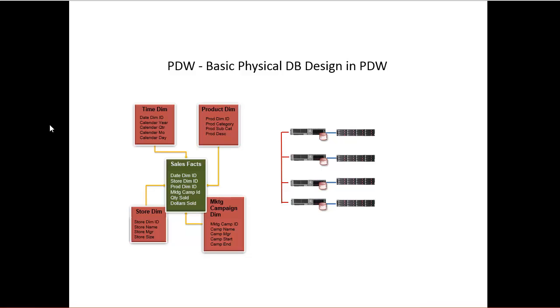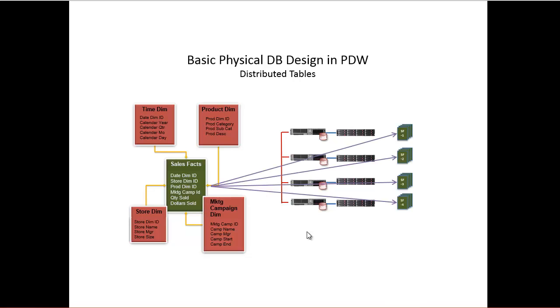And so how this works is I have represented here four of my processing nodes. Four of those, one base and 3 scale units that I talked about previously. What happens is virtually all fact tables will be distributed, and they'll be distributed on a column. When you do that, a portion of the data will go to each distribution.